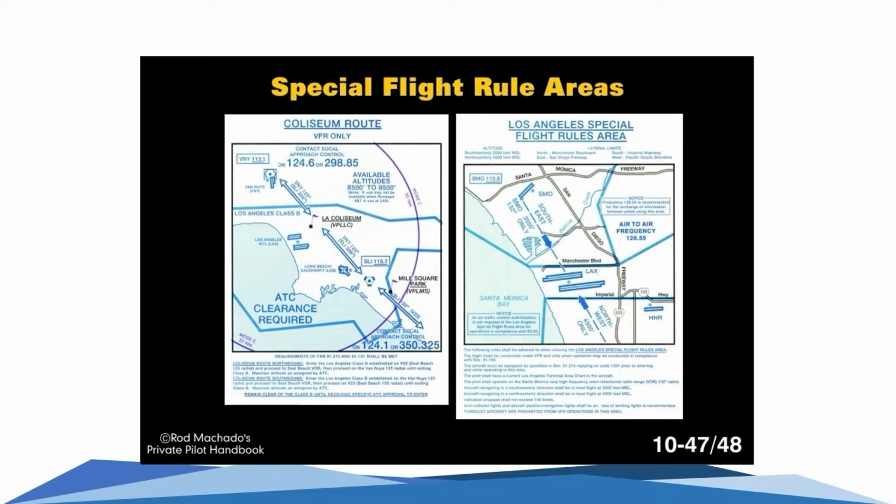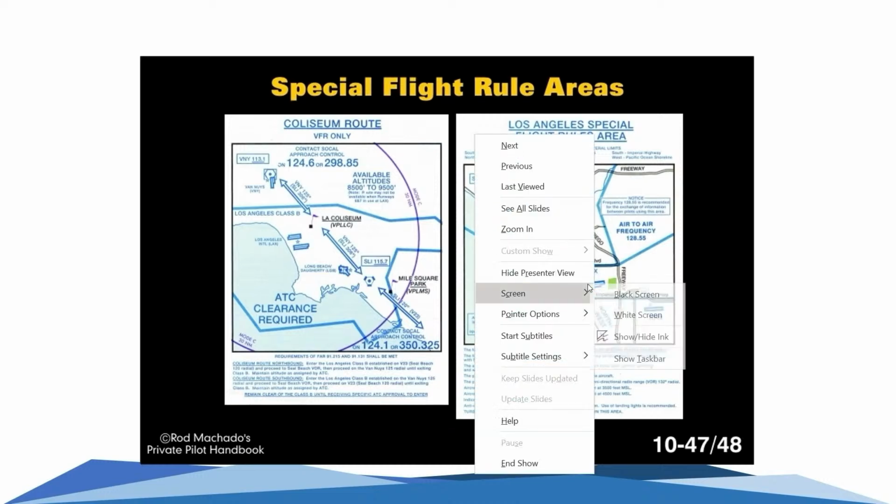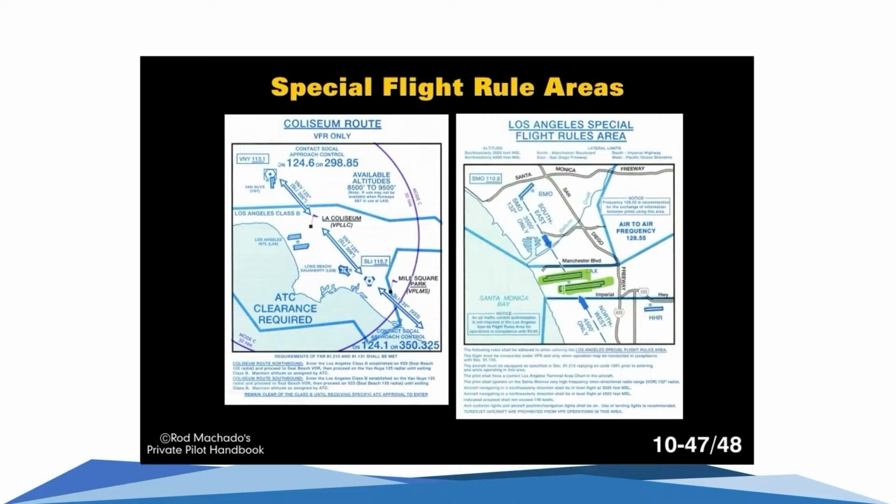In our case, this is found on our TAC chart in the Los Angeles area. Los Angeles is a very, very busy area, and keep in mind the way that these systems are designed is you can't just fly anywhere you want. We can clearly see here, this is Los Angeles International Airport, LAX. And the biggest thing that they're always trying to do is this is all designed for commercial aviation, right?